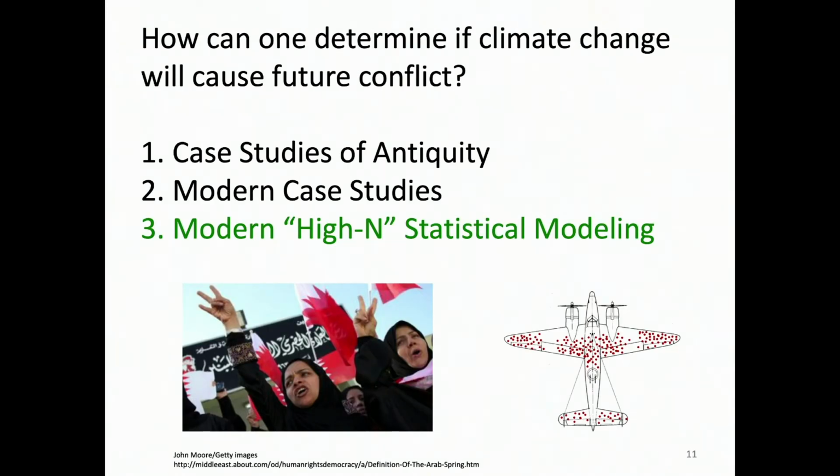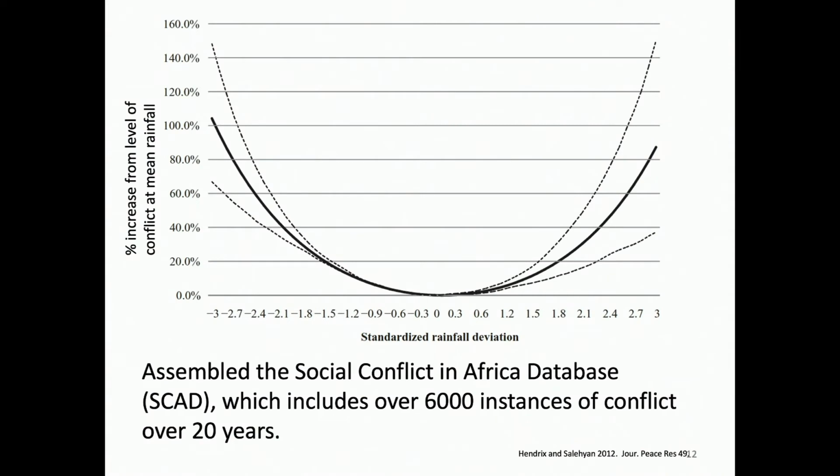And so that's where this high-end statistical modeling comes in. So the first study, and this was weak social science when it was published, but the strong part of it was that some characters put together this thing called a SCAD database, which was a database of 6,000 sub-Saharan African conflicts that are sometimes just district-wide, sometimes nationwide, but they had this gigantic statistical database.